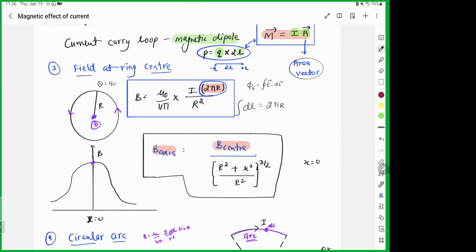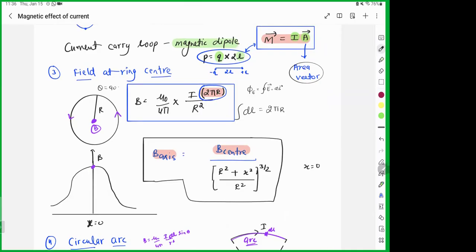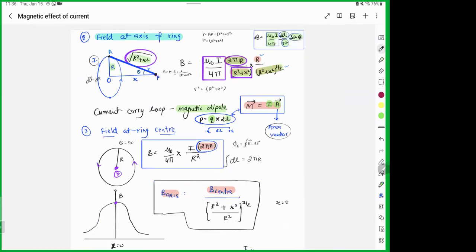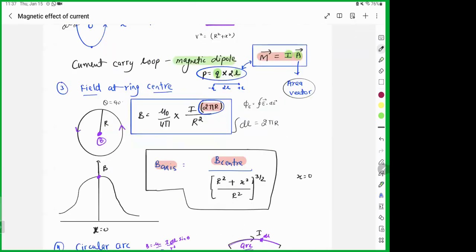At the axis, you know your magnetic field. At the center of the ring, you can calculate the ratio between axis and center. At the center, your value is high: mu naught by 4 pi, I by r square, and 4 pi r.